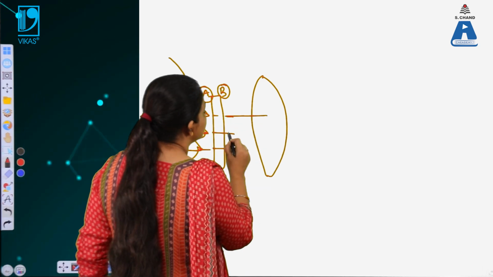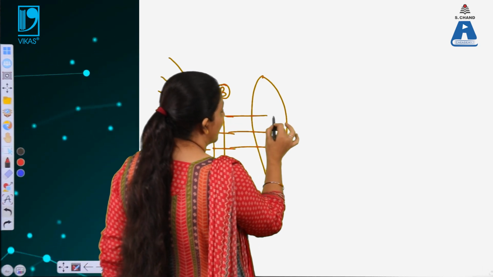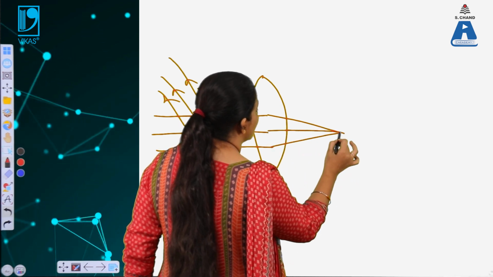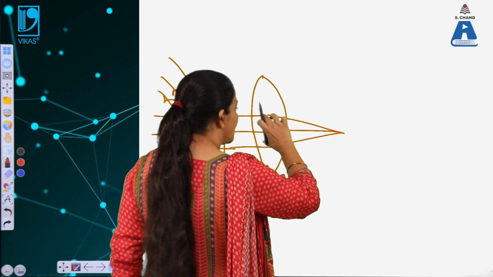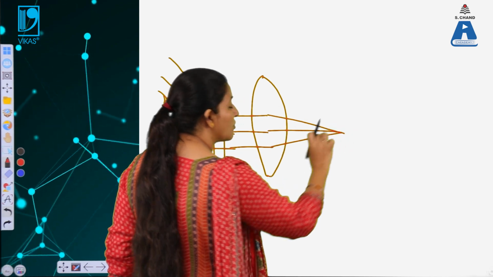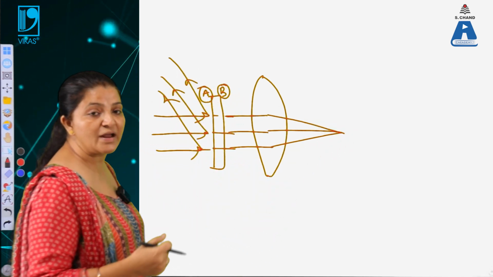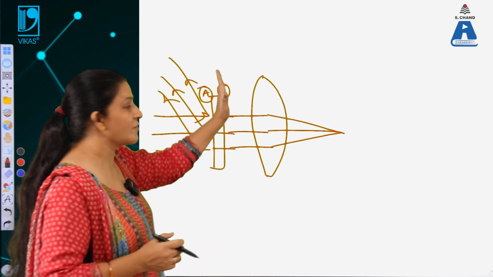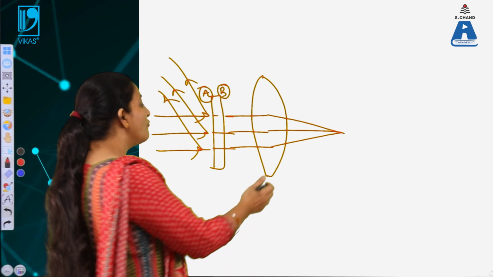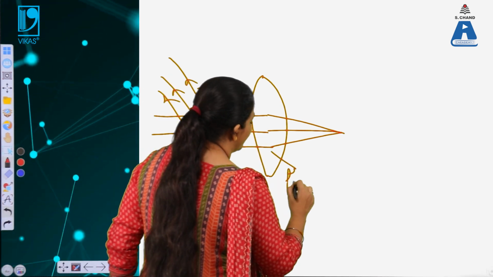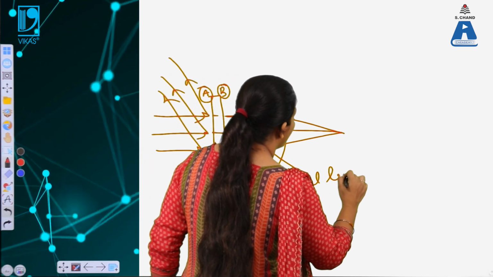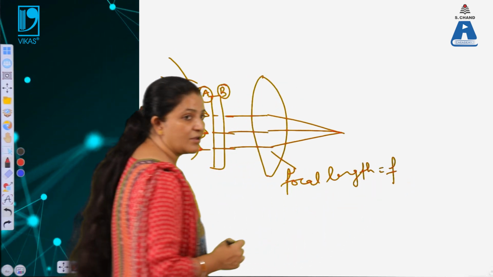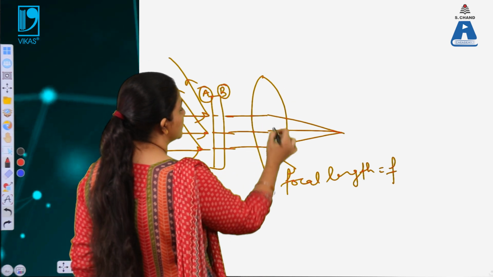Now this light will be incident on this lens, and after that the light will converge at a single point. The point where the light is focused by the given lens, so that we are able to see this face of the object, is known as the focal length of this lens. That is represented by F over here. This will also depend upon this distance.